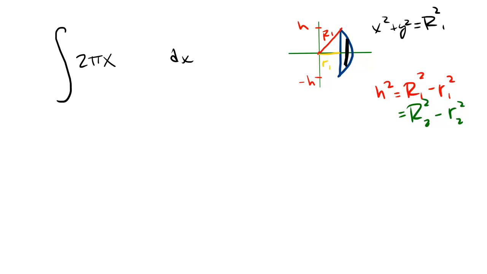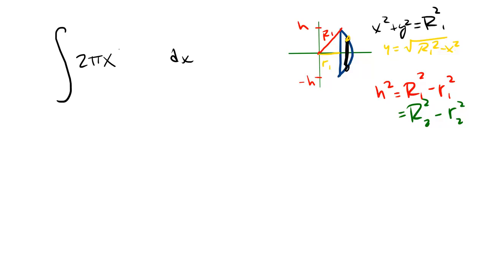That distance to that black rectangle is just x, times the height, which goes up to this value symmetrically and down to that value. For our purposes here, let's just note that that's the y value, which I could solve as y equals plus or minus the root of R1 squared minus x squared.